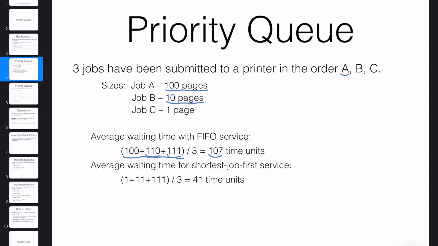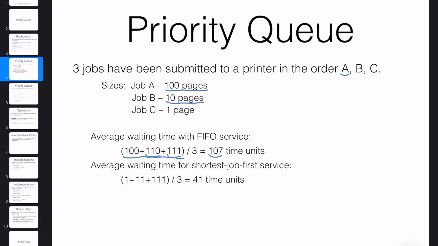Let me give you another order that minimizes the average waiting time. Instead of printing the jobs with the first in, first out policy, if I have 3 jobs, or it doesn't matter how many jobs I have, I just take the shortest job, get it done, and then go to the next job.